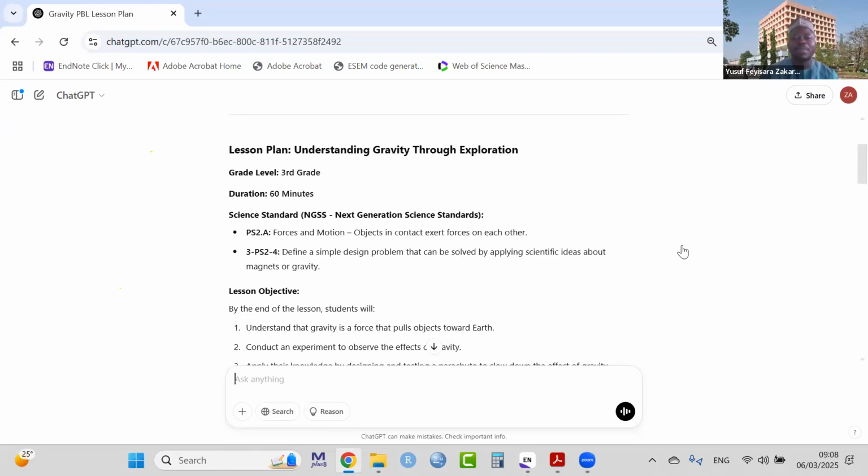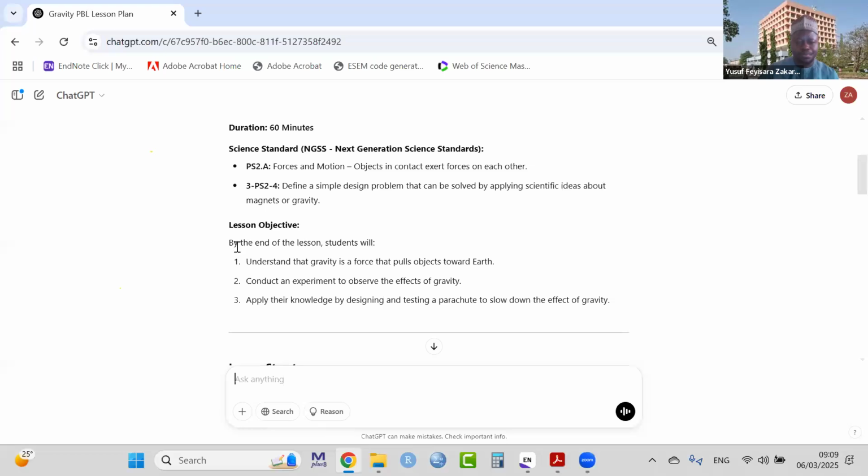So we have the lesson plan: understanding gravity through exploration. There are some standards and textbooks. Then we have the learning objectives. Everybody here should be able to criticize this objective.